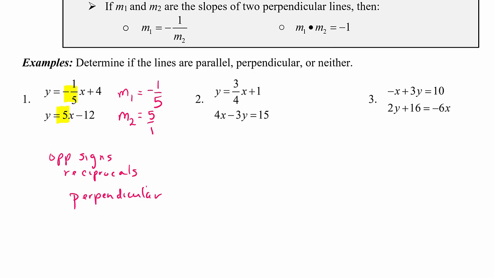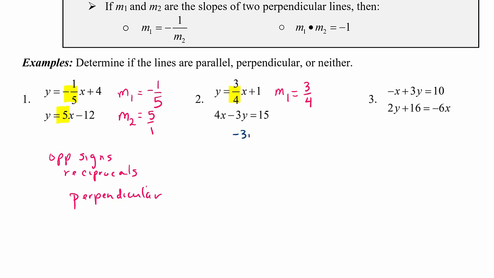In problem number 2, line number 1 is in slope-intercept form, so we can definitely read the slope from the equation, which is +3/4. But line number 2 is in standard form, isn't it? So we're going to have to do a little bit of work. Let's rewrite line number 2 in slope-intercept form. We have to solve for y.